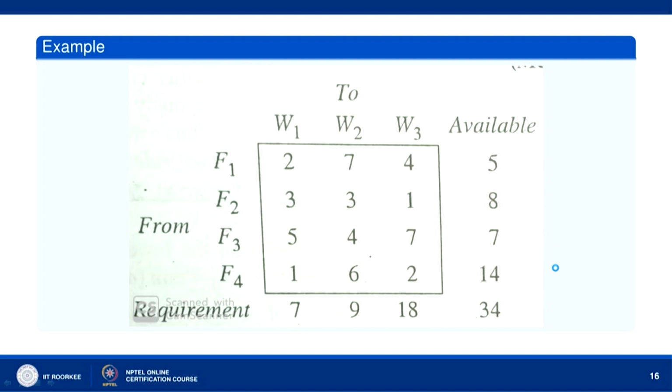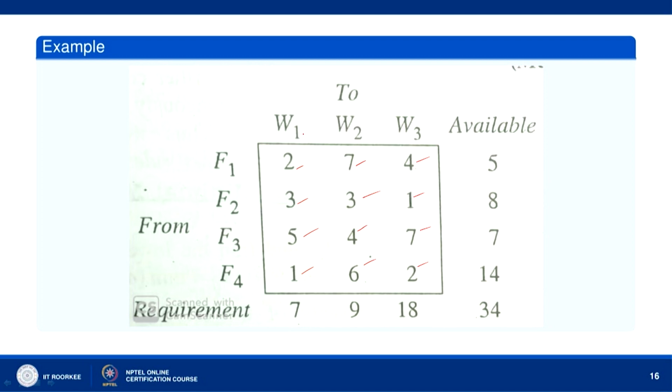Let us take the same example we used for the northwest corner method and apply the least cost rule here. The cost matrix is 2, 7, 4, 3, 3, 1, 5, 4, 7, 1, 6, 2. These are the costs of transporting a unit from a source to a warehouse.